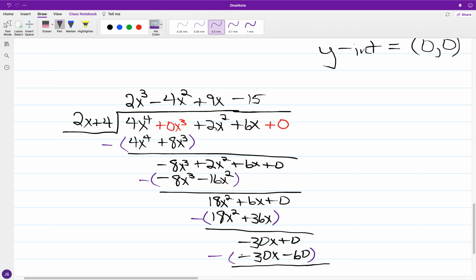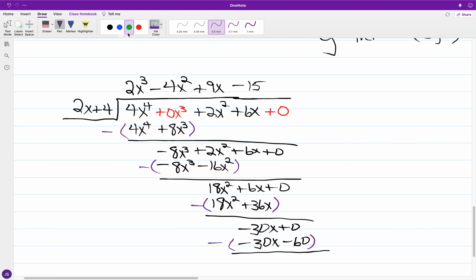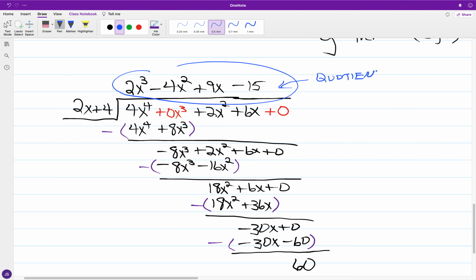Subtracting once more, the negative 30x's cancel, and 0 minus negative 60 translates to adding, so it follows that this is going to be the quotient, and the positive 60 is going to end up as the remainder. So the quotient is 2x cubed minus 4x squared plus 9x minus 15. And for the remainder, this will come out to positive 60.